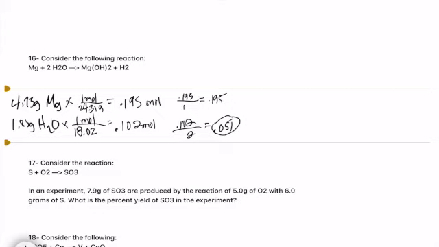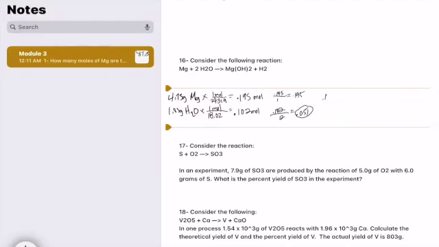And so now that we know that H2O is our limiting reactant, we can determine how much of our product, H2, is made. So I know that I'm starting out with 0.102 moles of H2O.